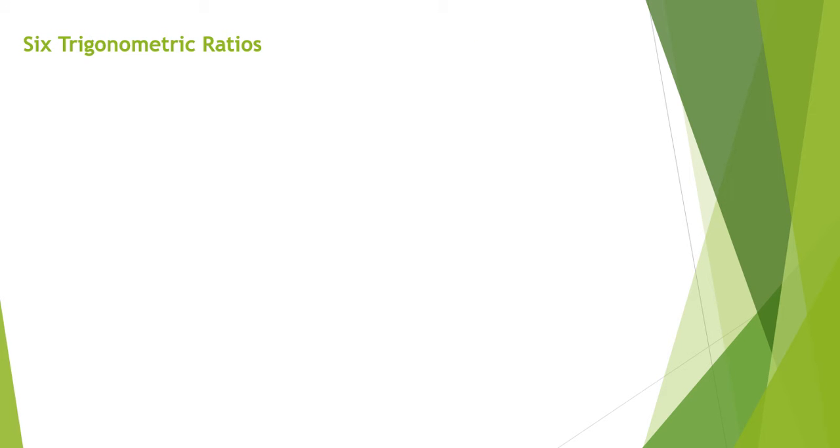So first we'll be talking about the basic trigonometric ratios, which are the cosine, sine, and tangent. And of course, we'll be using a mnemonic for us to remember the equations, and the mnemonic we are talking about is SOHCAHTOA.